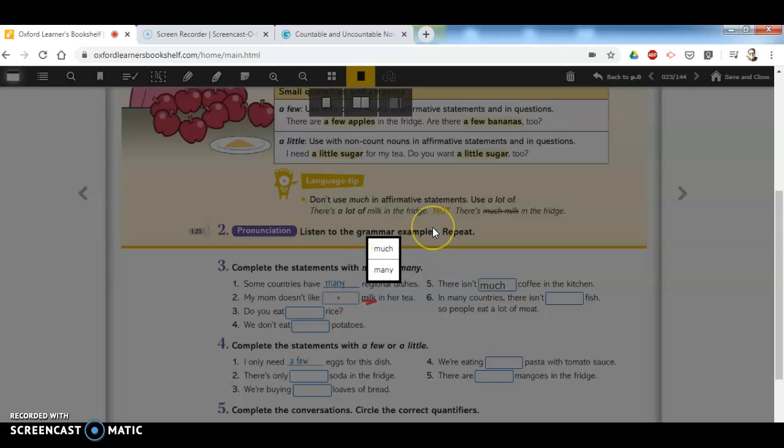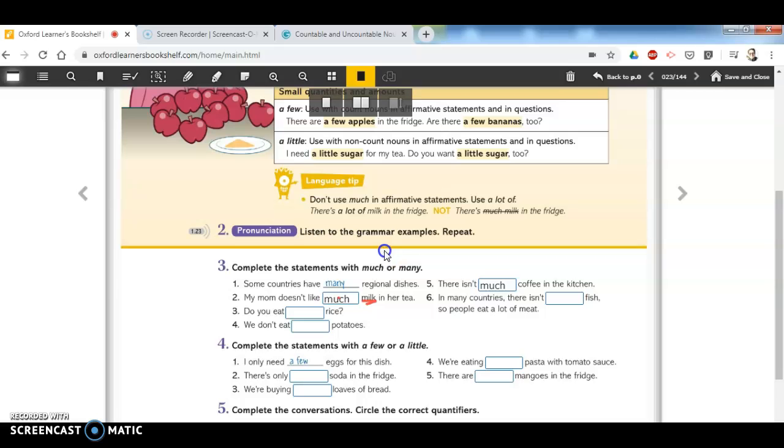Okay, there we go. So in this case, because the milk is singular, I can use much.